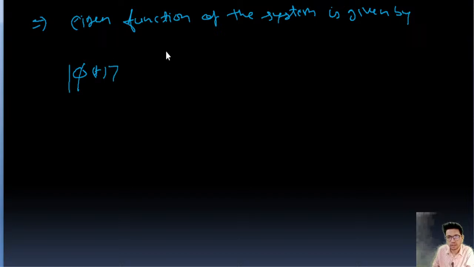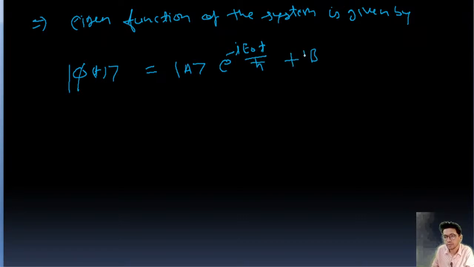Since we have got the eigenvalues, we can write the eigenfunction of the system, and that is going to be ket A e to the power minus i E naught t upon h cut, plus ket B. These are the eigenstates, right?